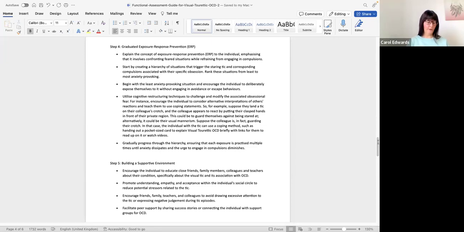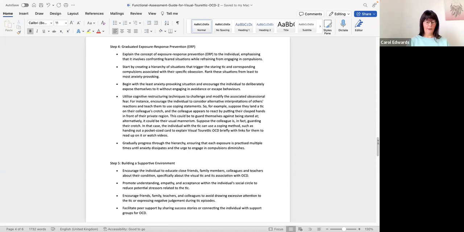Rank these situations from least to most anxiety-provoking. Begin with the least anxiety-provoking situation and encourage the individual to deliberately expose themselves to it without engaging in avoidance or escape behaviours. Utilize cognitive restructuring techniques to challenge and modify the associated obsessional fear.